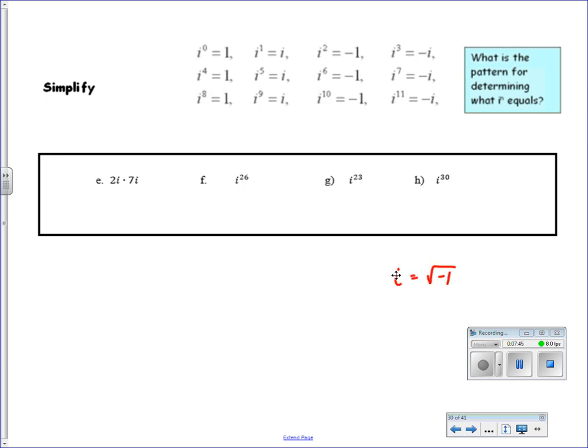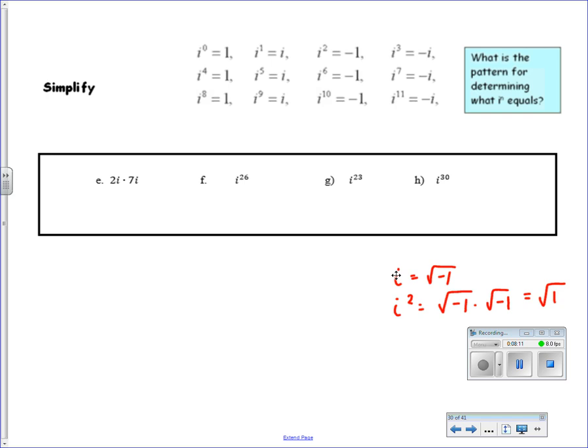So when we think of i squared, that means really, in essence, we're having the square root of negative 1 times the square root of negative 1. Well, what happens to my negative when that happens? It cancels because this becomes the square root of 1, but what is the square root of 1? 1. So technically we have that, and then we have to account for that negative as well.